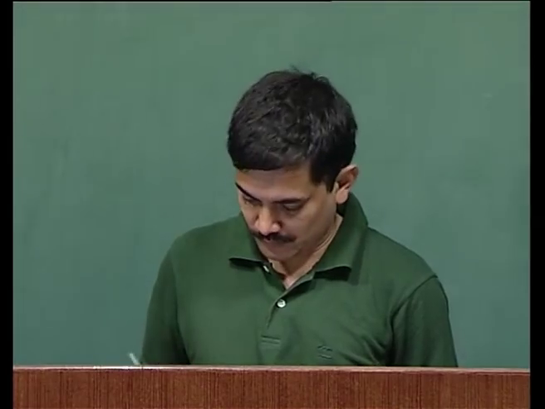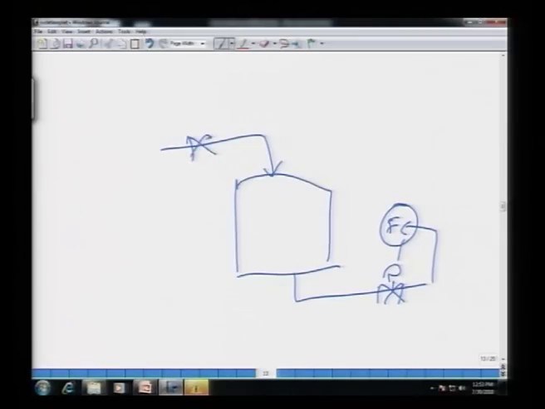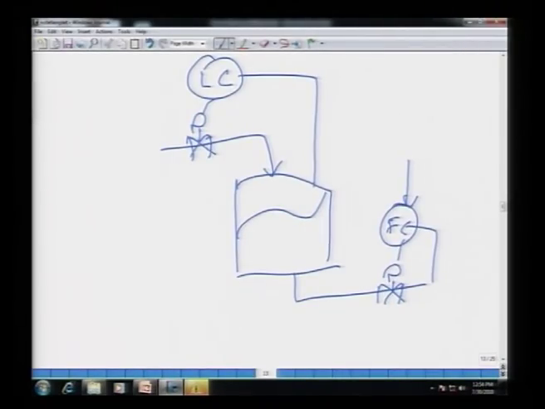If you take the reverse situation, and let me explain this here, the flow controller is here and the level controller is now on the feed. They are controlling the level this way. Now, if the set point here is increased, the flow out would increase, and the level would start to decrease.